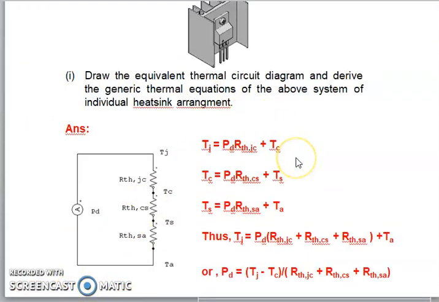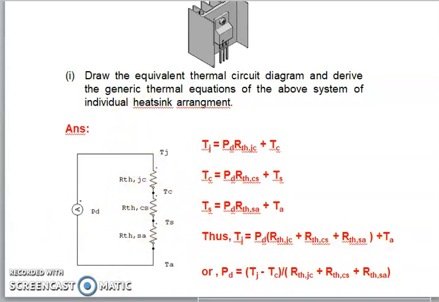Okay, like what we have discussed just now regarding the equivalent circuit when we put a device on the heatsink. We used the equivalent electrical circuit to calculate how the formula is generated. So you can use the thermal equivalent circuit directly and follow the same steps to produce the formula through this circuit analysis as well.